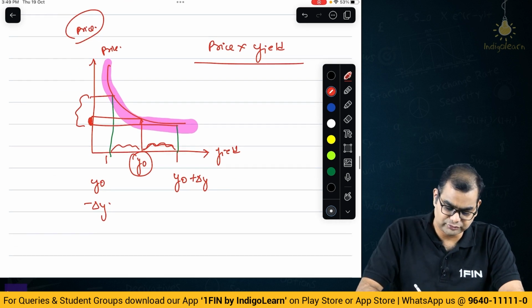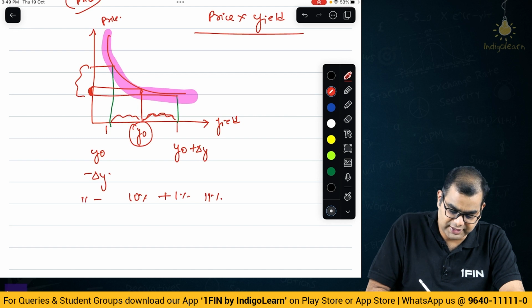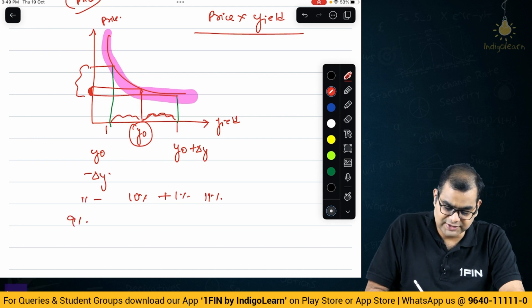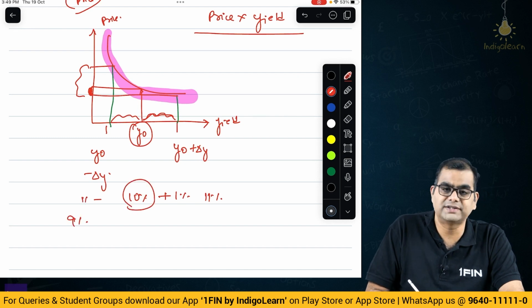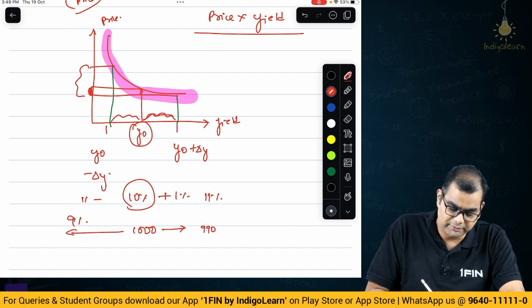What I mean is, I have 10%. If I add 1%, I get 11%, and if I subtract 1%, I get 9%. Let's say when the yield is 10%, the price of the bond is 1000. For a 1% increase, the bond price comes down only to 990. Whereas for a 1% decrease, the bond price goes up to 1050.